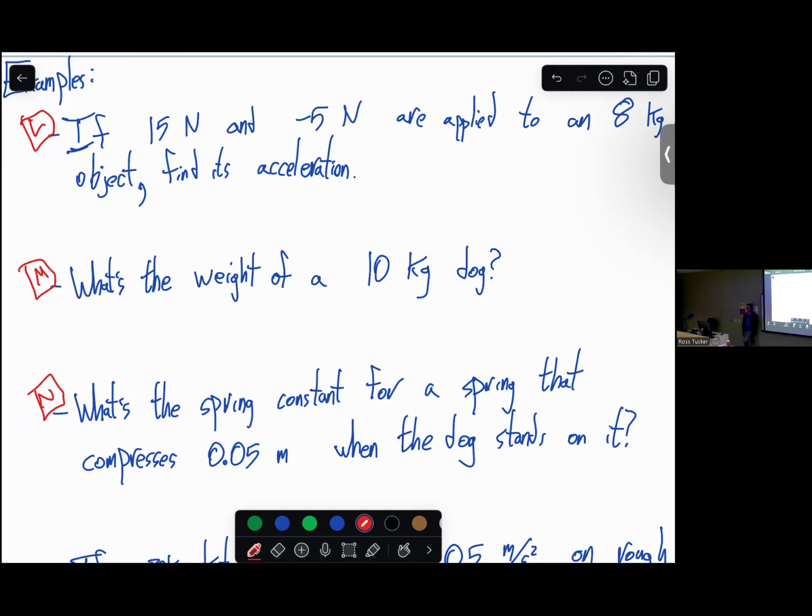You can round, by the way. Whenever I'm doing this in lecture, I'm going to do it in my head. I'm going to round.